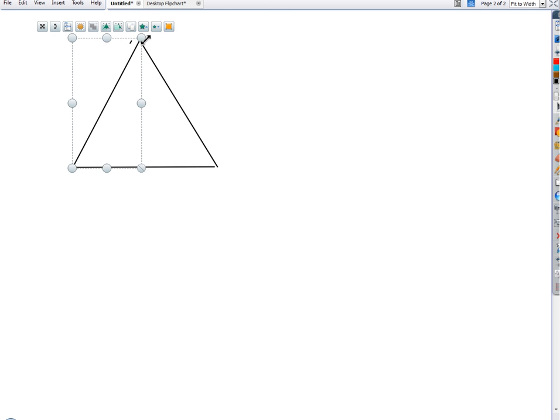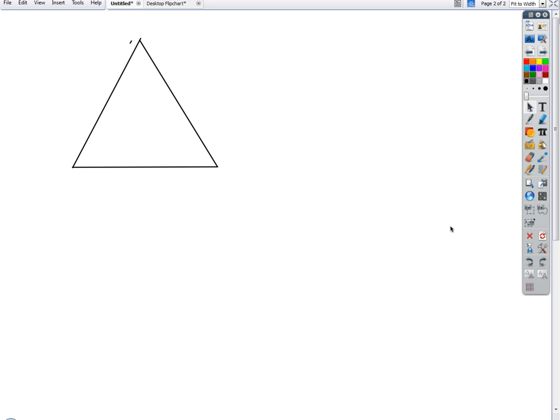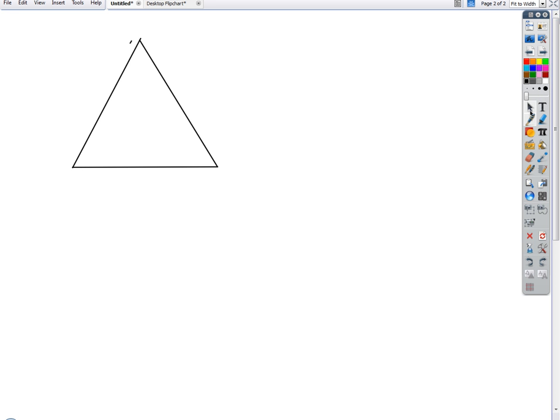Okay, oh well, this is close enough. So there's a triangle. I'm not going to change the base and the height of this thing, but I want you to see what happens.